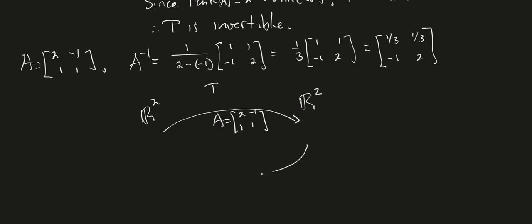The inverse of T goes the other way, and it's defined by this matrix: 1/3, 1/3, negative 1. Oh, wait, negative 1/3 and 2/3. I forgot my thirds there. So negative 1/3 and 2/3 there, right?